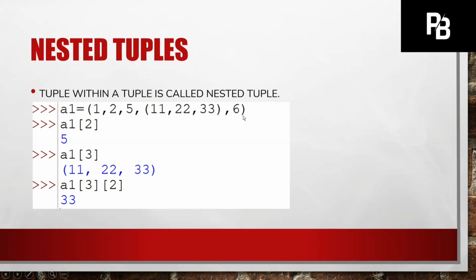And this is a 4 one. So how does it work, students? If I print A1[3], this is the complete third position. But if you just want to print 22 or 33, a separate value, then for the third position, this is 0, 1, 2. So what is 22? Or what is 33? [3][2]. That means the third position is this, then 0, 1, 2. This is the concept of nested tuples, students.